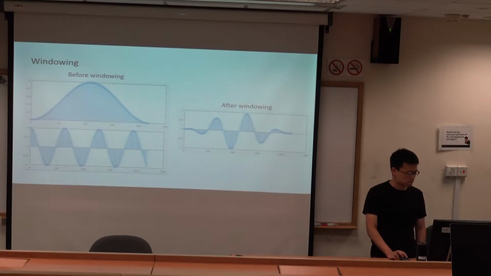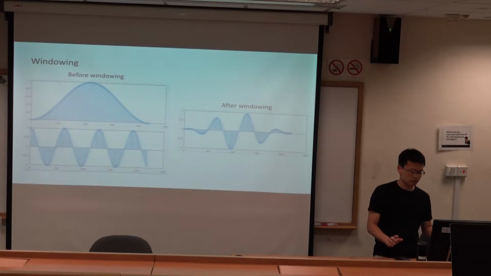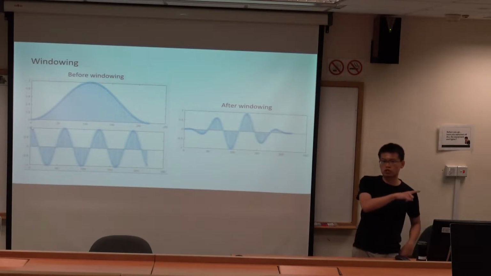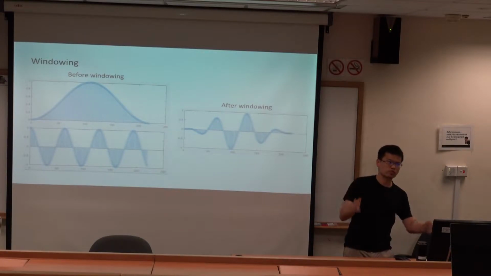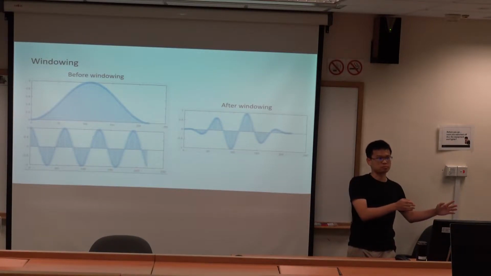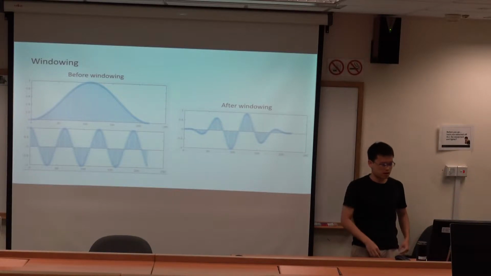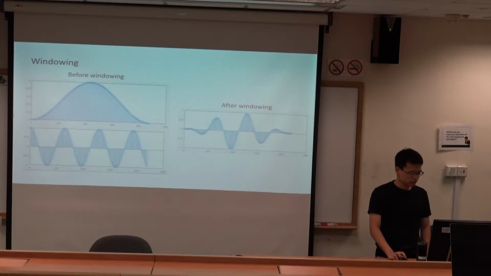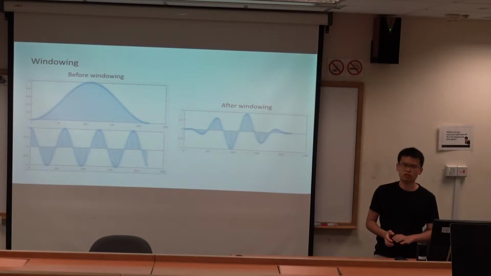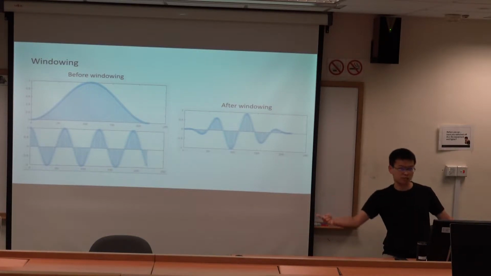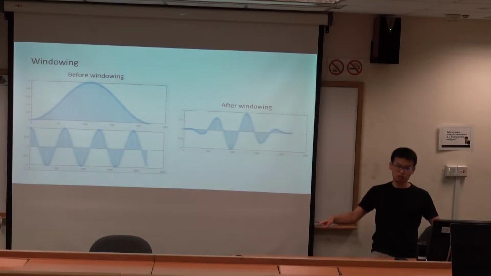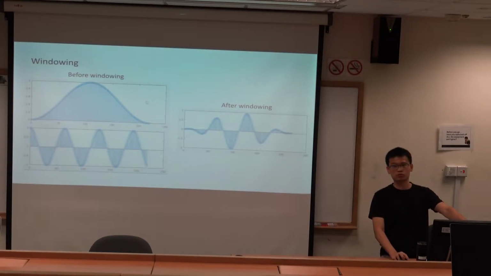Because if a signal starts from 0 and ends in 0, and if you shift it, there will be no more jump. There are many kinds of windows. Many scientists have worked out different windows with different properties, but they all start from 0 and end with 0. They are triangle windows, and this is a Hanning window.